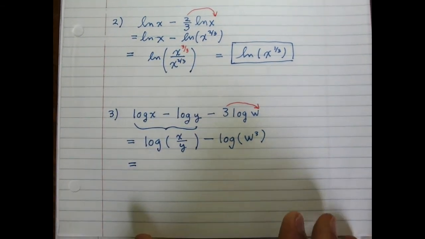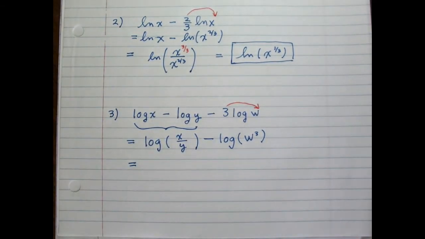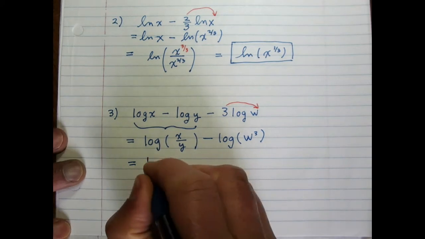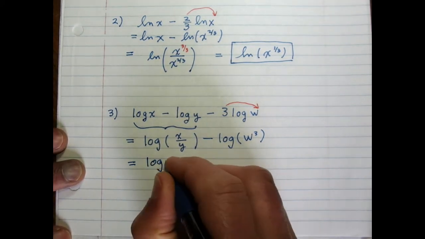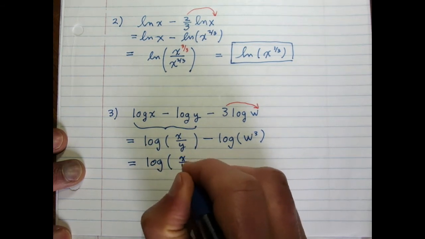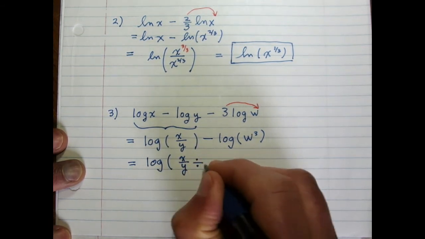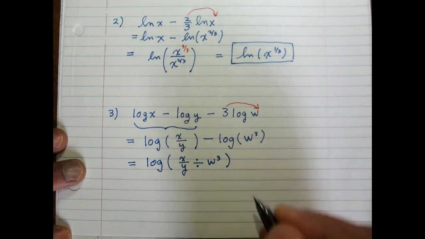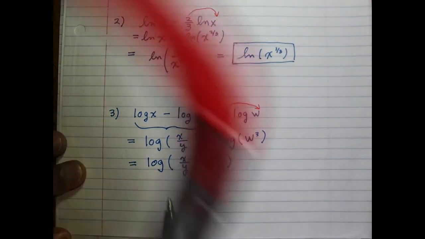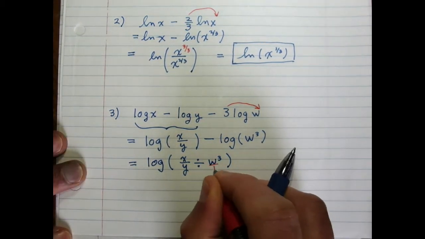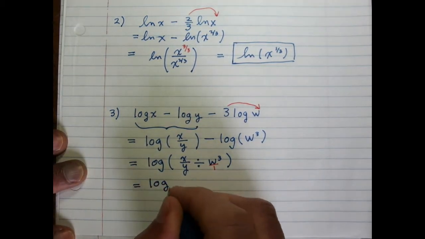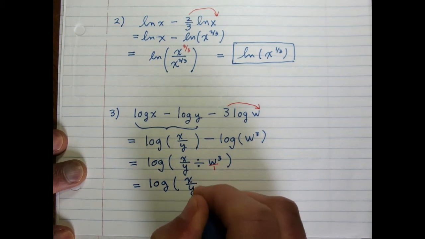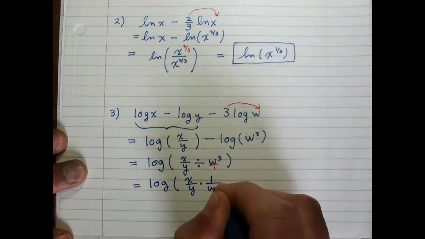And this is another good comparison to number 1, because I want to apply the second law again, so I'm just going to leave x over y as a fraction, but write divided by w cubed. That's like divided by w cubed over 1, which is log of x over y times 1 over w cubed.